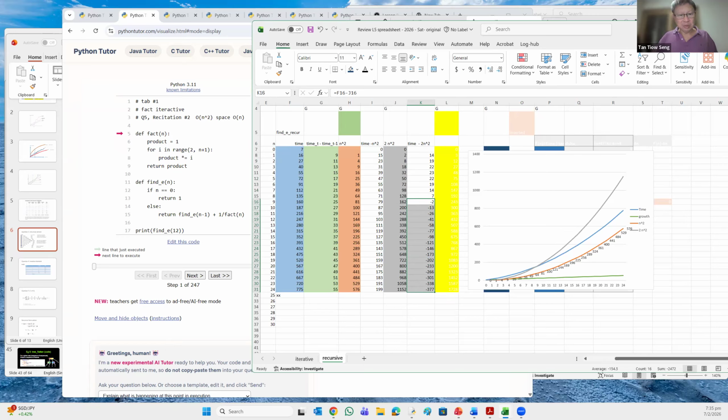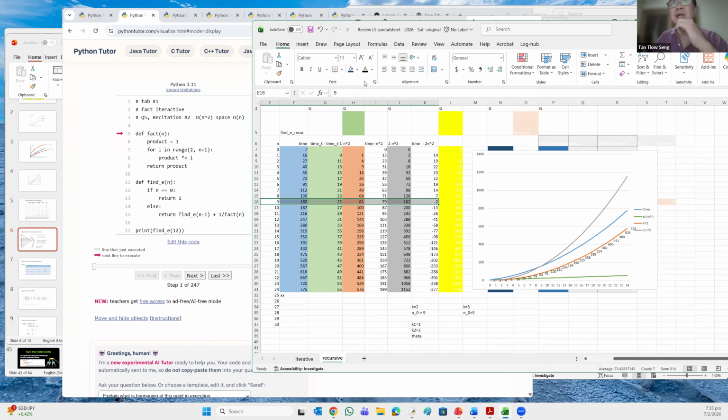So here, actually, what you're seeing is k equal to 2, n0 equal to 9. At 9 here, you already get negative.